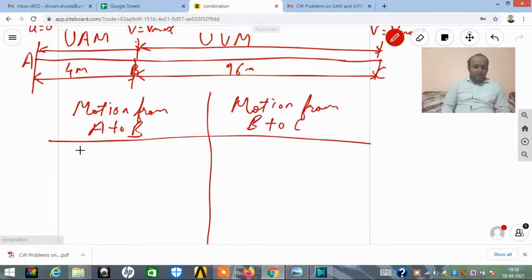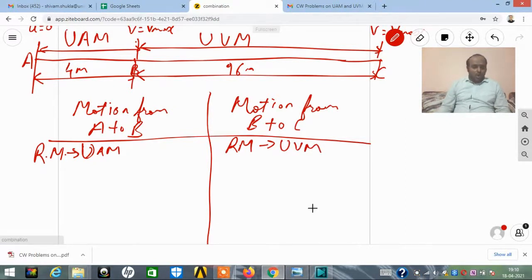It is very clear that A to B is rectilinear motion, uniform acceleration motion, that is UAM. Again from B to C it is rectilinear motion, but it is uniform velocity motion, that is UVM.